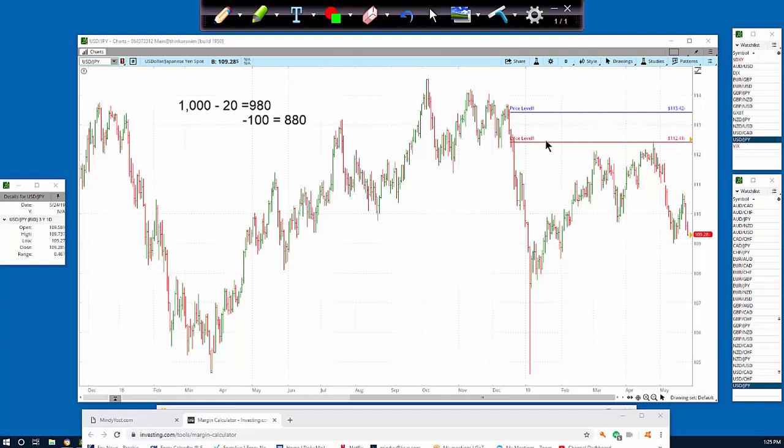Okay, so now, do I care if the price goes way down here, which is 800 pips lower? No, I don't care. I have a buy trade now that is 900 pips ugly, but it doesn't matter because I have a sell trade that is 700 or 800 pips positive.